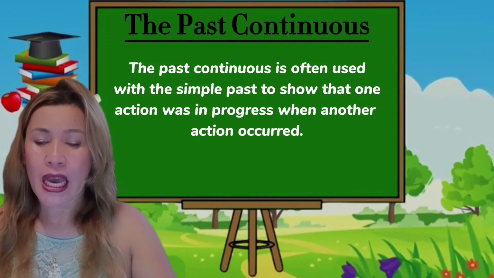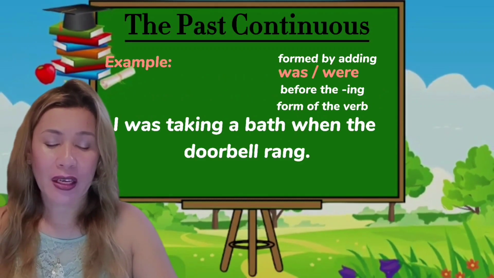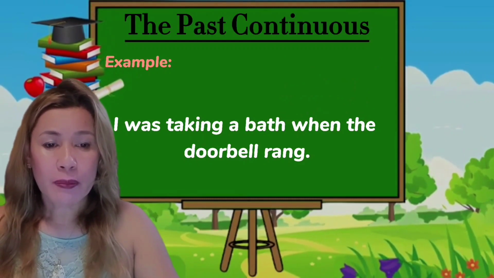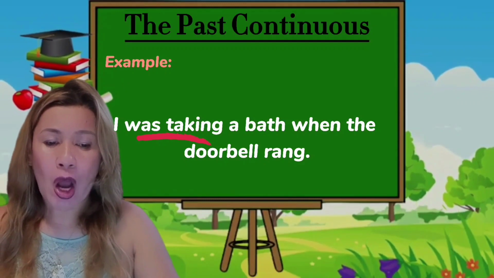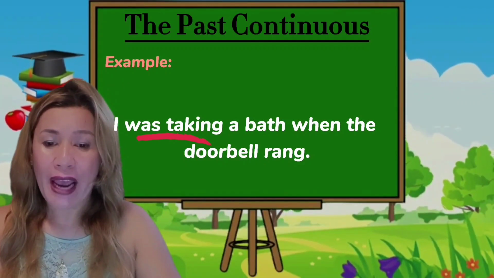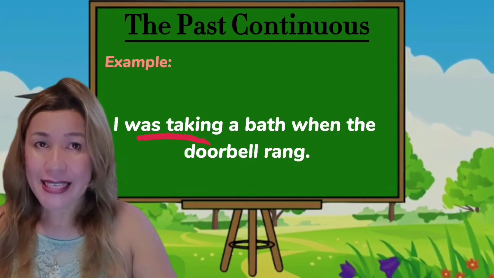For instance, I was taking a bath when the doorbell rang. So was taking is our past continuous or past progressive, and it is accompanied by another past action, which is rang. Let's examine first the past continuous was taking.